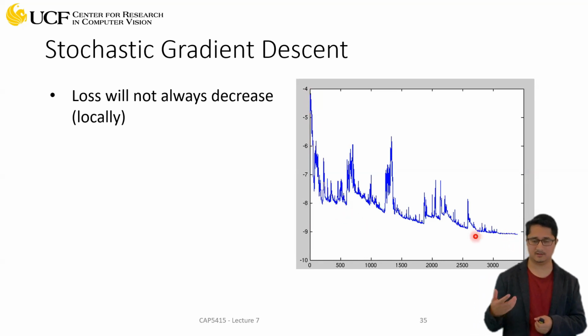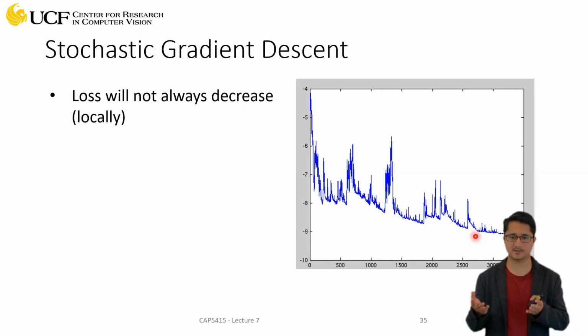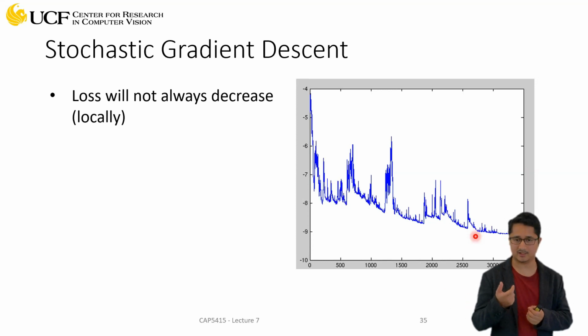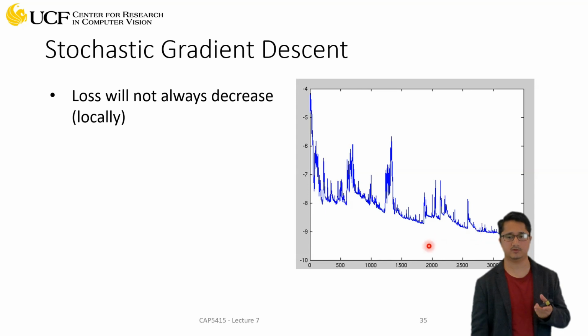But as I said, you're not training your network on all the images at once. You are taking a mini batch at once. So it could be your loss is actually not always going down if you try to validate that on the testing samples or the validation samples. So you will see something like this. This is more realistic. You can see it's going down, then again going up.